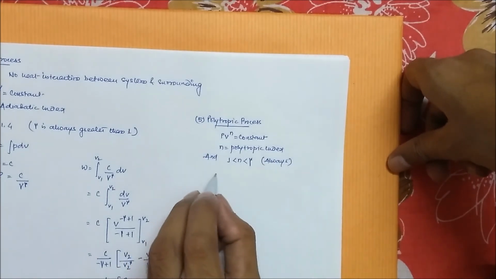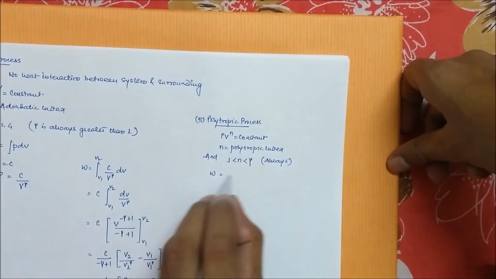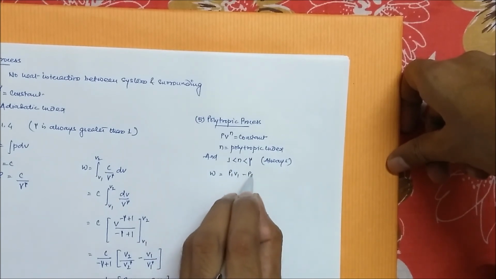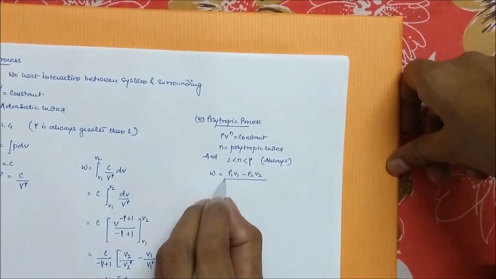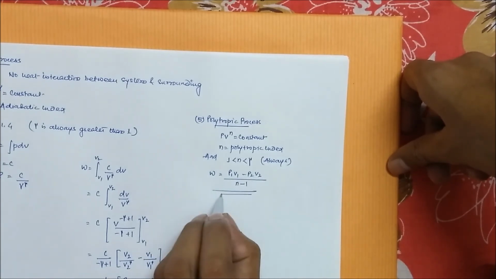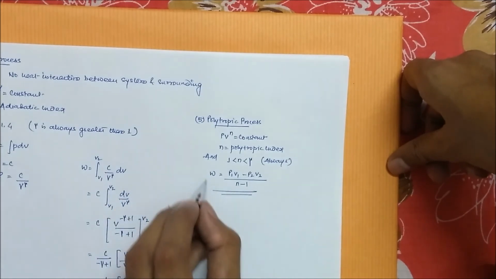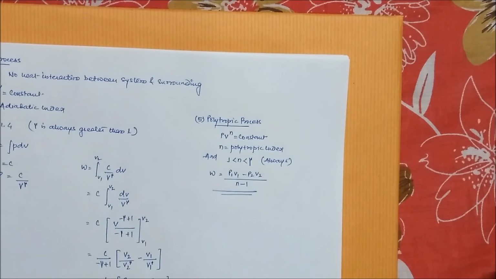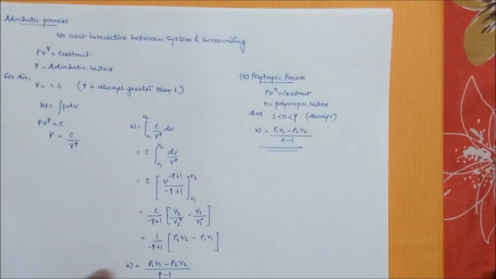So the work done formula is given by P1 V1 minus P2 V2 by n minus 1. That's it. Right? We have proved this.